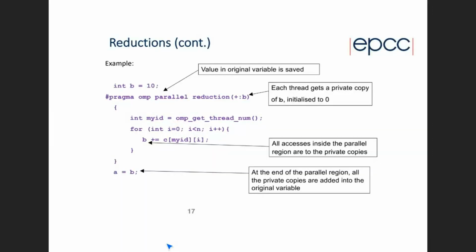And in C++, you can use max or min as operators, even though those things don't exist in the underlying language. They are defined in the same way that you would normally define them using a macro.